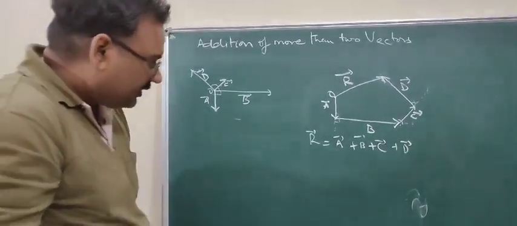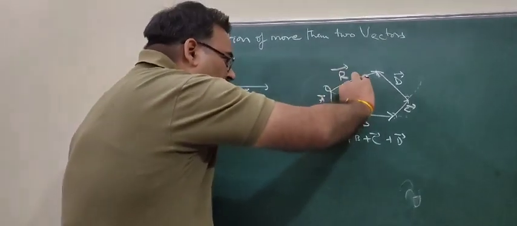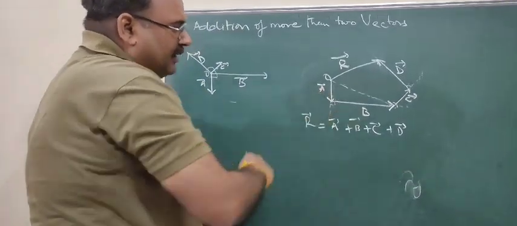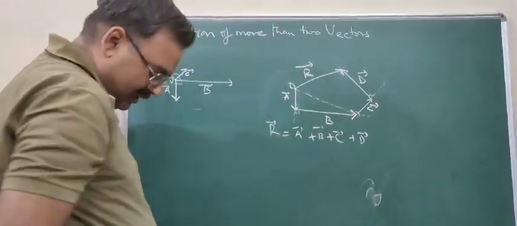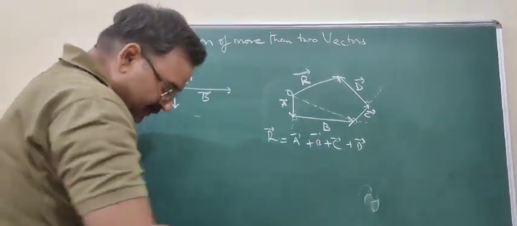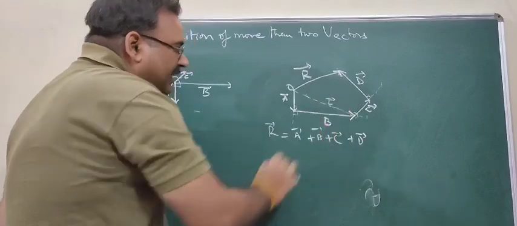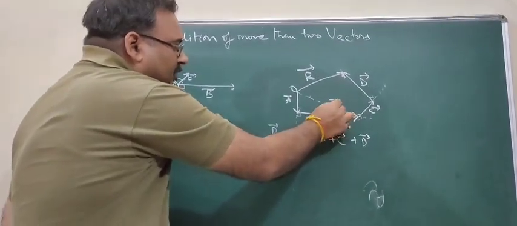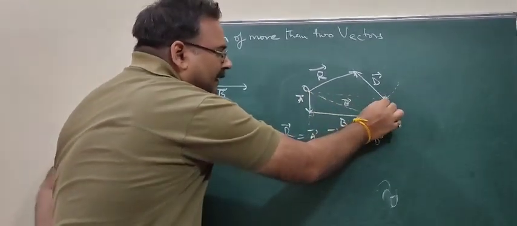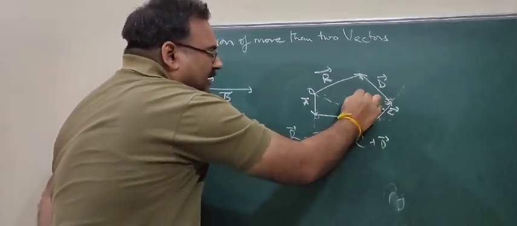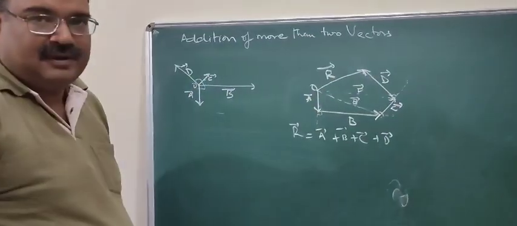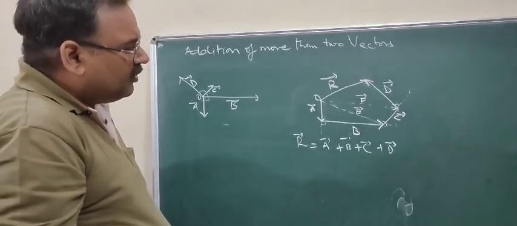Here we join these two. What are we getting? We are getting the sum of A and B. So O and this point gives you the vector E. This vector E is the sum of A and B. And if we join these two, we get vector F, and this is the sum of vector A plus vector B plus vector C. Okay, so E and F are also resultant vectors.